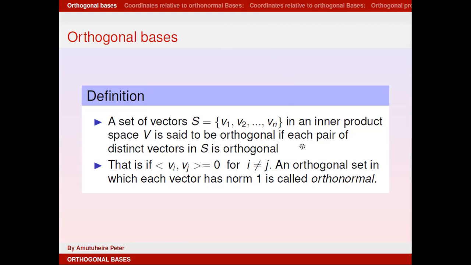Okay, it means people did not take time to read. They were busy working on assignments, but we said a vector is said to be orthonormal if it has norm 1. The definition is even on your screen. An orthonormal set is an orthogonal set in which each vector has norm 1.